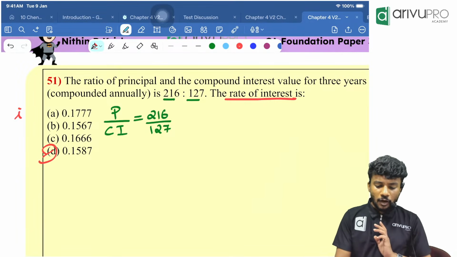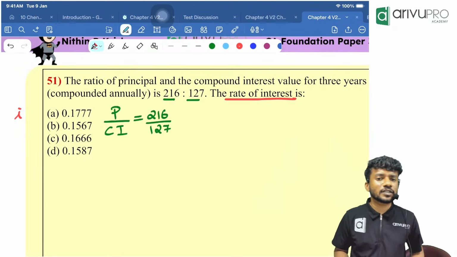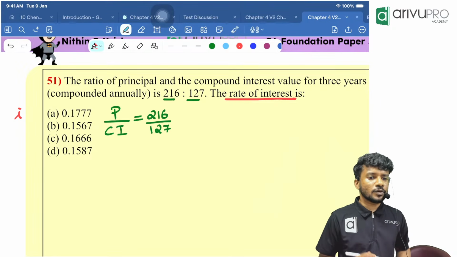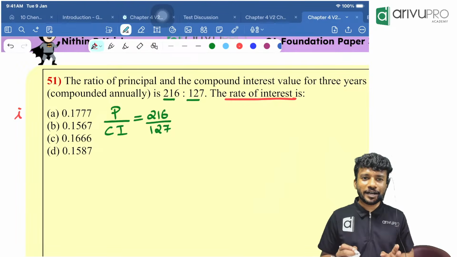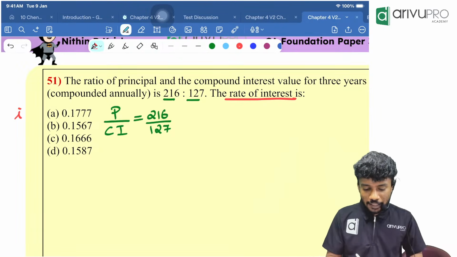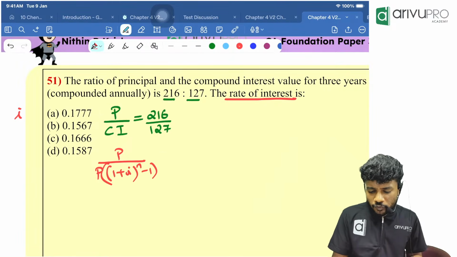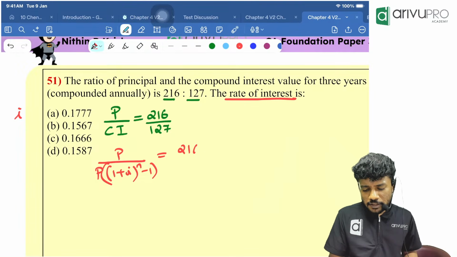Now, what is the formula for CI? P into 1 plus I, the whole power n, minus 1. That is the formula for the CI. Put that value over here. Can I write it as P divided by P into 1 plus I, the whole power n minus 1, which is equal to 216 divided by 127?